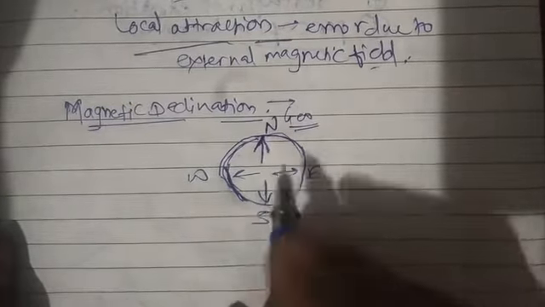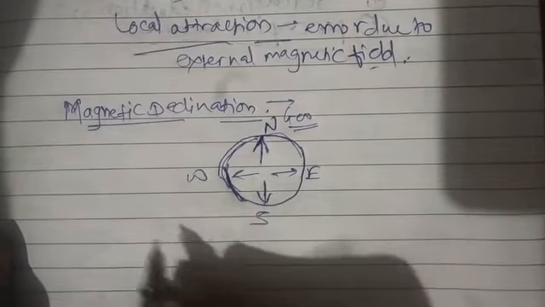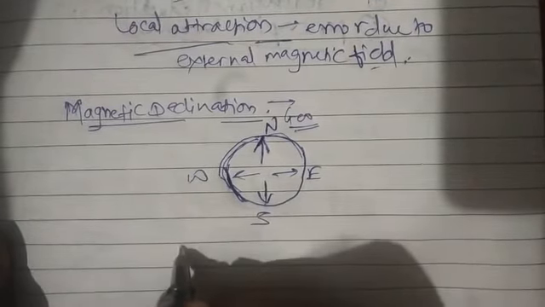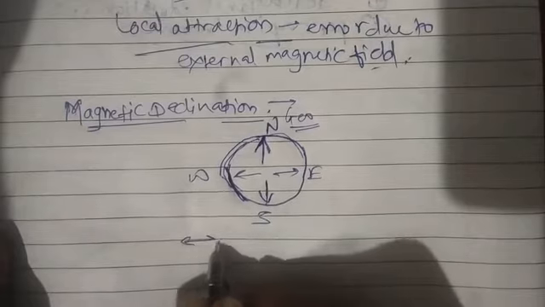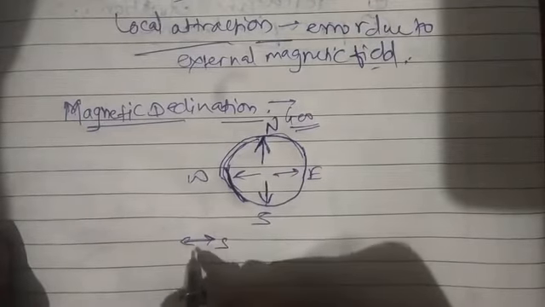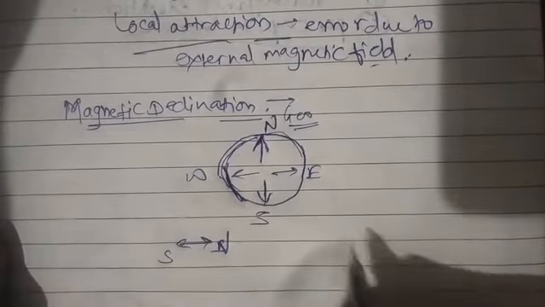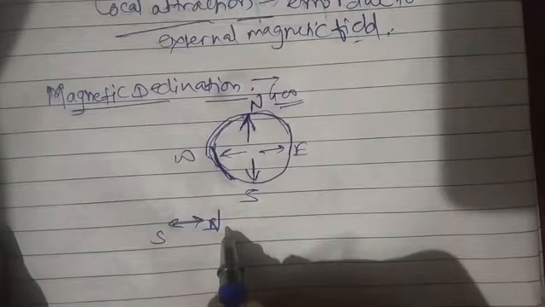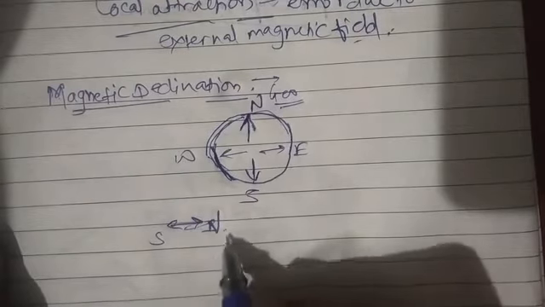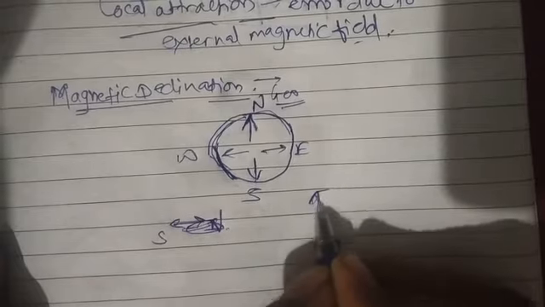Okay, we know that if any magnetic needle is kept free in the space, it shows north-south direction. Now this is geographic north, and this north shown by magnetic needle will call this represent like this.